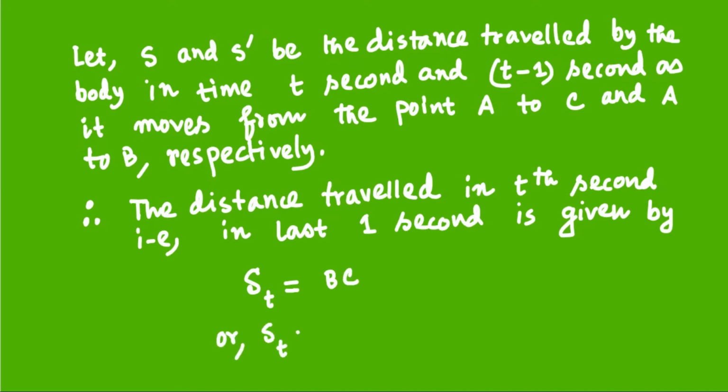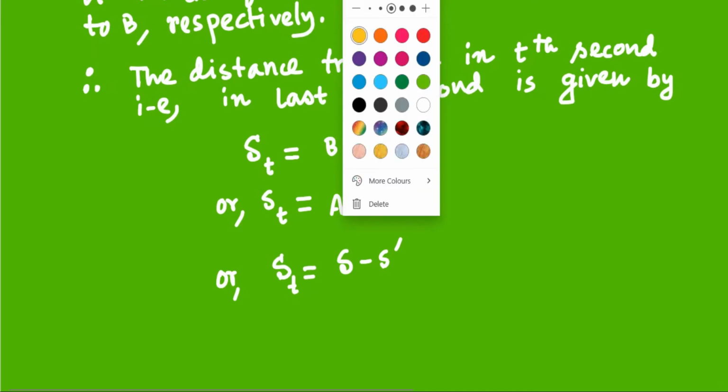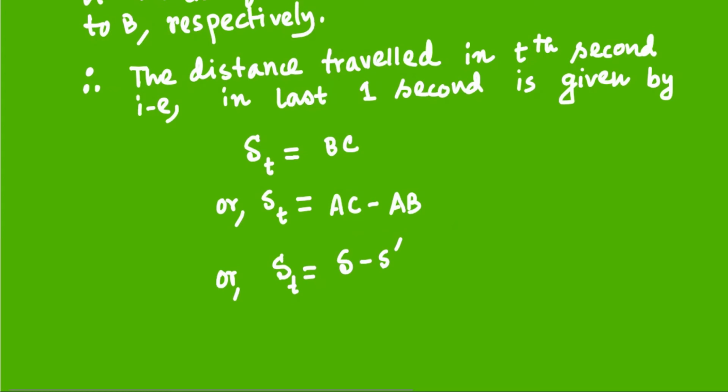So in the diagram, S_t equals BC, or S_t equals AC minus AB. Therefore S_t equals s minus s prime. That is, the distance traveled by the body in the last 1 second, or in the tth second, is S_t, which is s minus s prime. Equation 1.